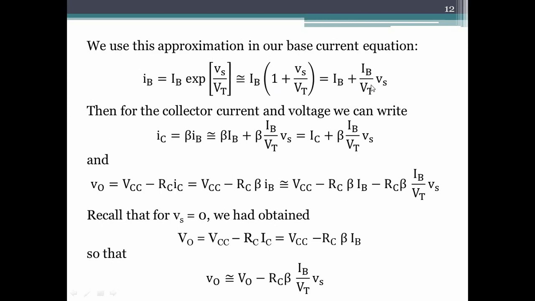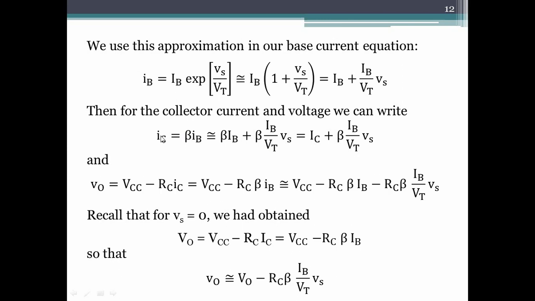Now we find the collector current. The collector current is of course simply beta times the base current. So we say beta times all of this, and we write beta IB plus beta into IB by Vt into Vs. And beta times capital IB is capital IC, the DC collector current, and this remains the same.